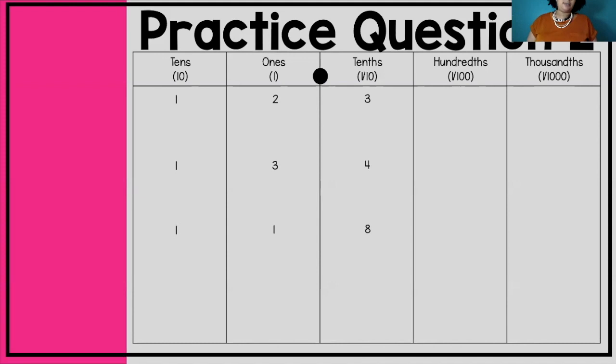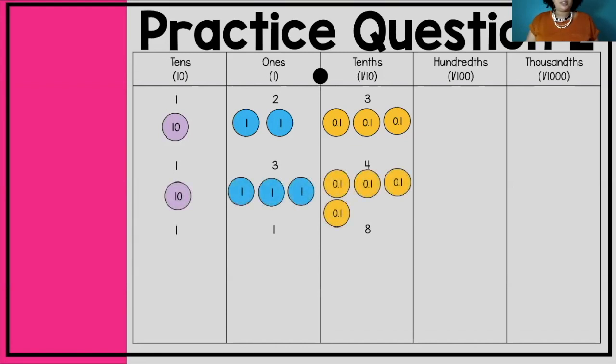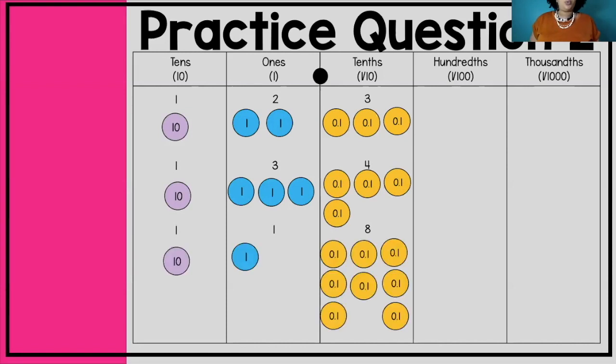That's what we're trying to figure out. So let's create our numbers using our place value discs. There's Monday. I have 1 ten, 2 ones, and 3 tenths. For Wednesday, I have 1 ten, 3 ones, and 4 tenths. And for Friday, I have 1 ten, 1 one, and 8 tenths.